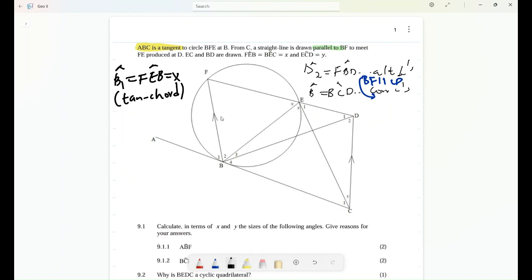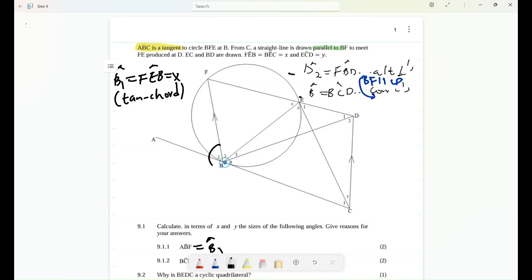I can see, all right, I did not calculate any angle BF from the information that I calculated here. So I look at angle BF. Well, if I look very well, angle BF is the same as this, angle B1.